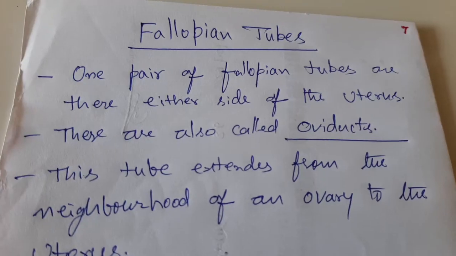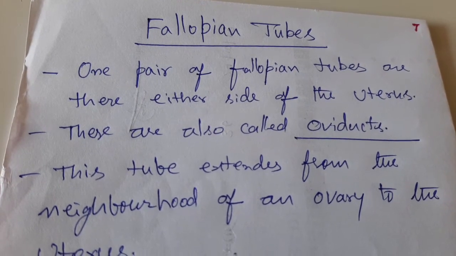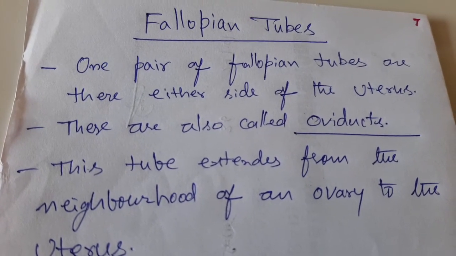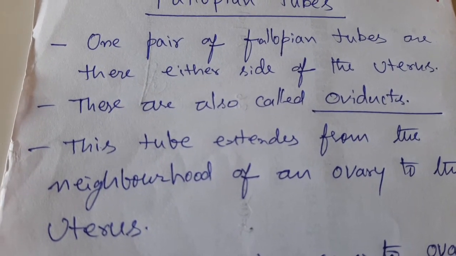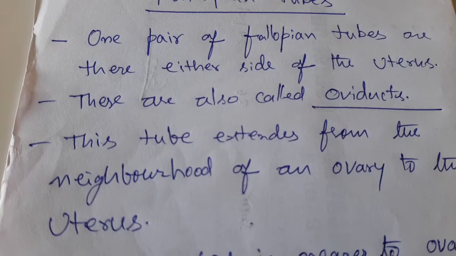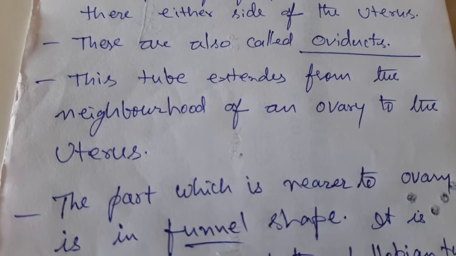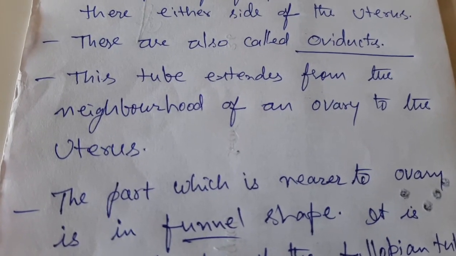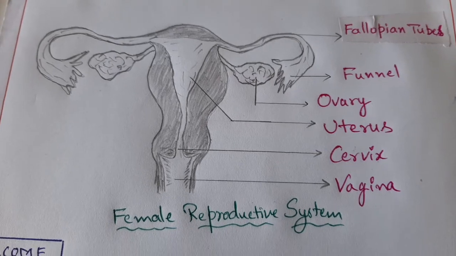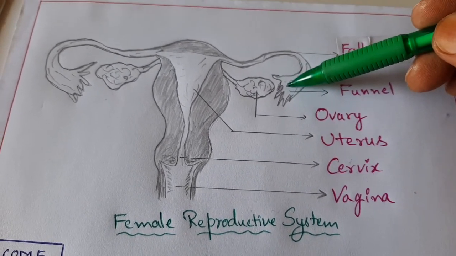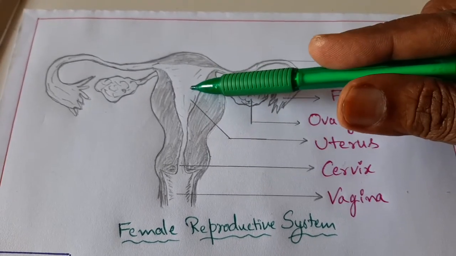First point, number of fallopian tubes. One pair of fallopian tubes are present on either side of the uterus. And next point, these are also called oviducts. Next point, this tube extends from the neighborhood of an ovary to the uterus. Students, here observe. So these extend from the neighborhood of this ovary to the uterus.